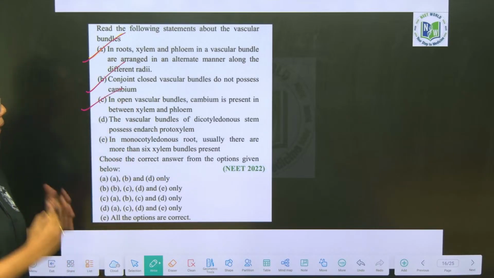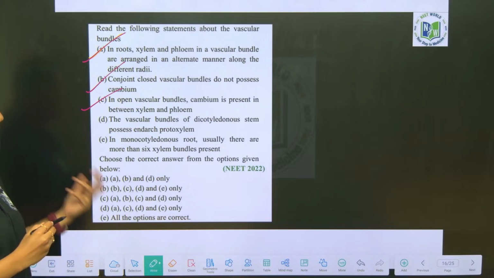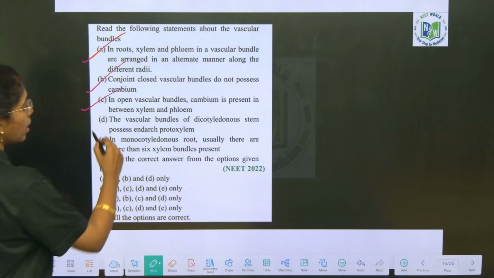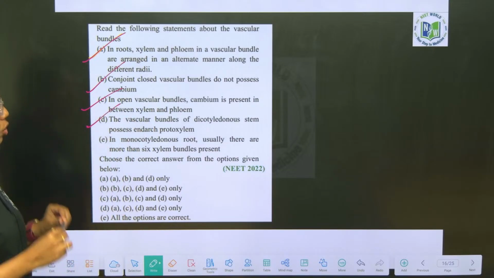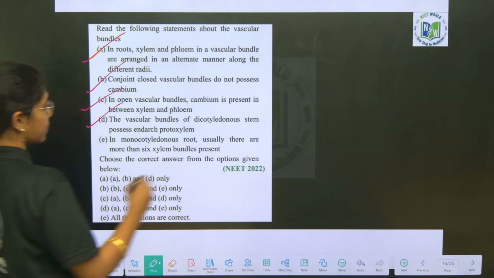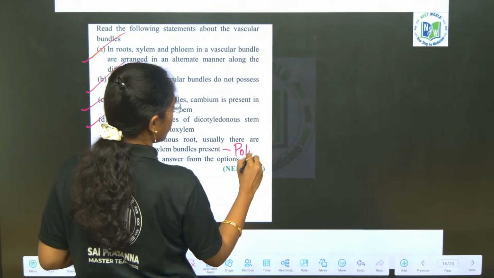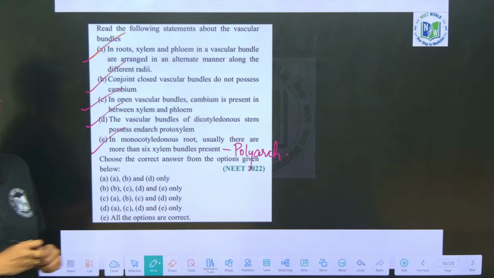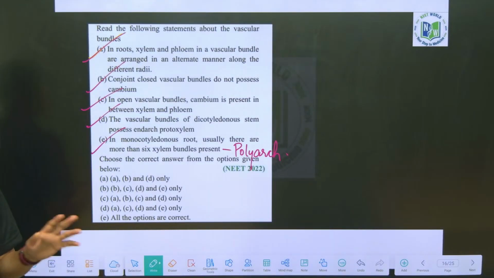True. The vascular bundles of the dicotyledonous stem possess endarch protoxylem. In monocot root, usually there are more than 6 xylem bundles. Yes, monocot has polyarch xylem bundles. All the statements are correct. Yes or no? Any doubts, anyone?